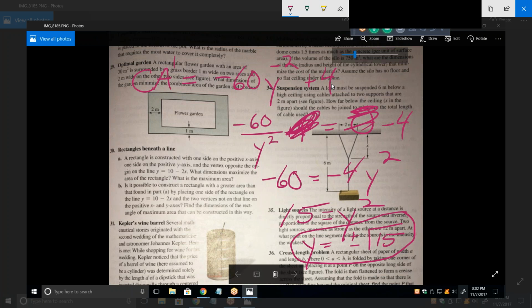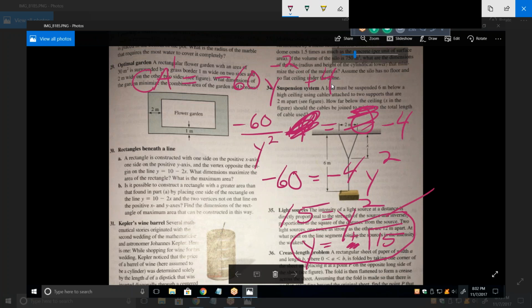Now, actually, there's only one answer that even makes sense. Yeah, because you can't have a negative dimension. You have a negative for y. So that is the only place where the derivative function is equal to 0.